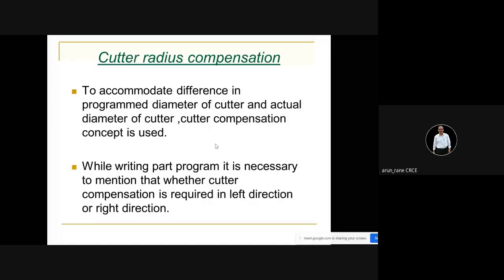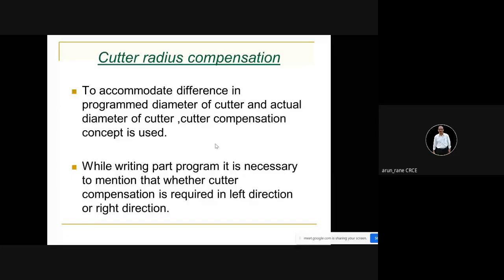This is what is most important: cutter radius compensation. Because we are writing the program considering the tool as a point shape, that is, the tool diameter is 0, that is, the center line of the spindle. We are writing the program with respect to the center line of the spindle.